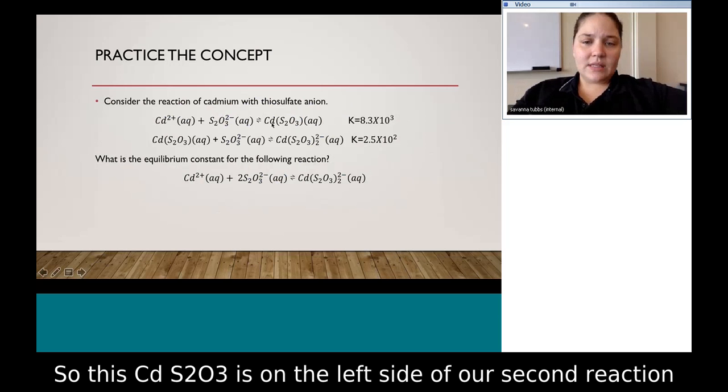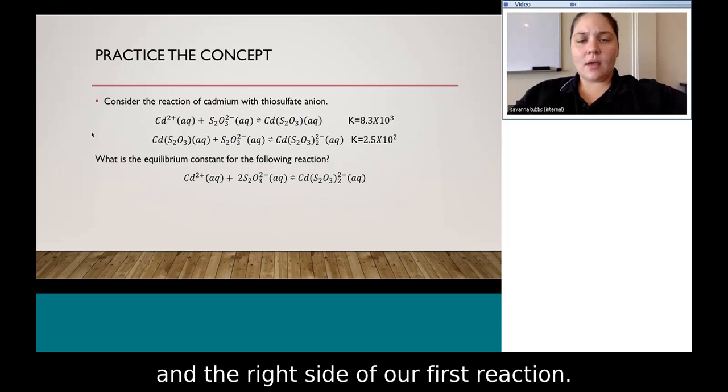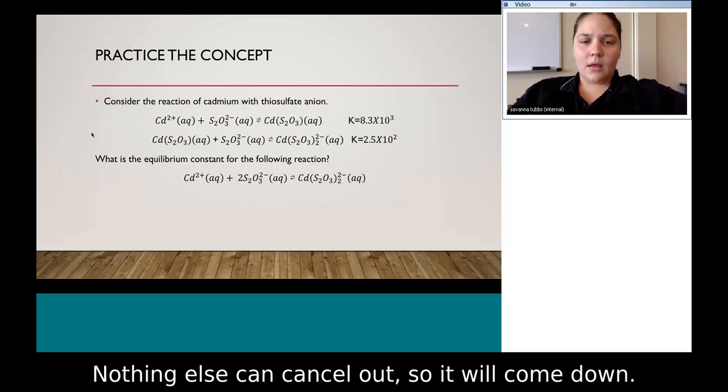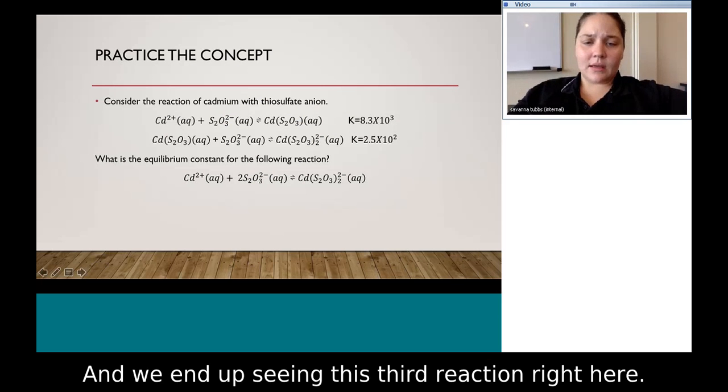So the Cd(S2O3) is on both sides of the reaction, on the left side of our second reaction and the right side of our first reaction, so they can cancel out. Nothing else can cancel out, so it will come down, and we end up seeing this third reaction right here.